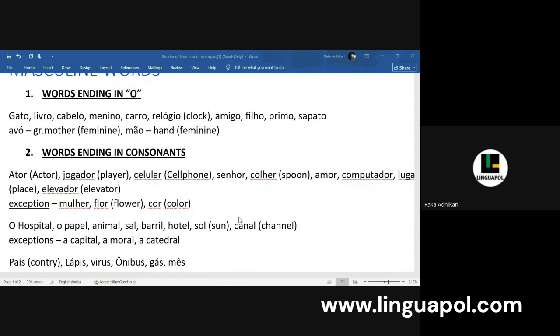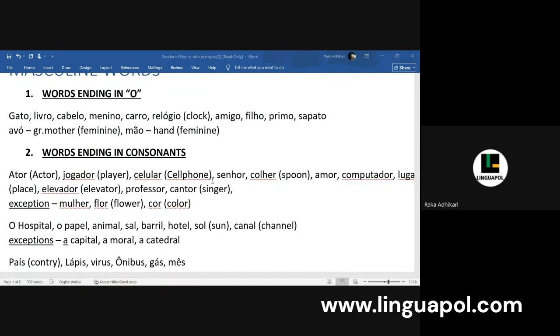You know the word professora. What will be the masculine form of professora? Professor, again a word ending in R. Cantor, yes. So we have cantor and cantora, where cantor is the masculine word, singer.